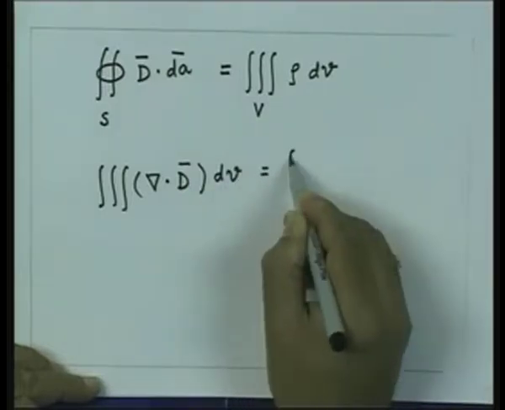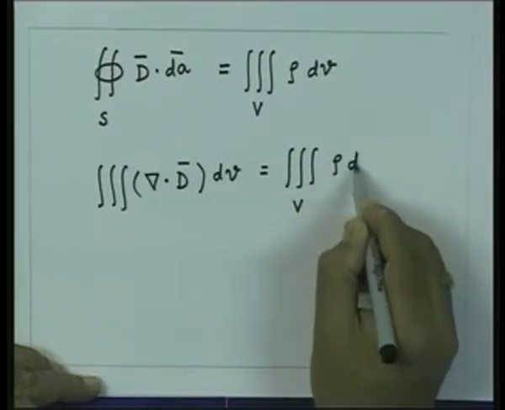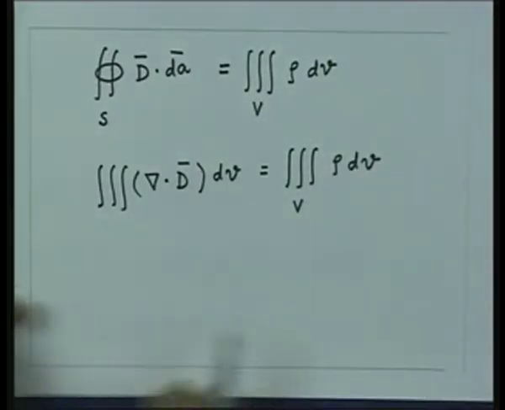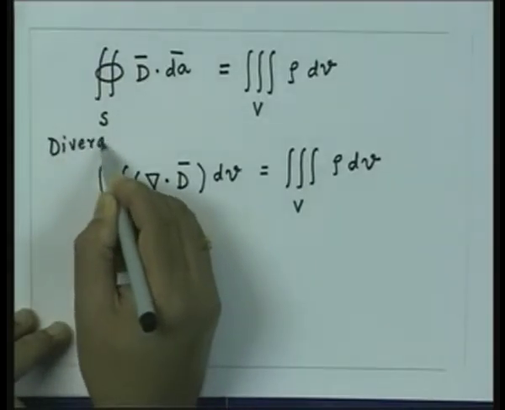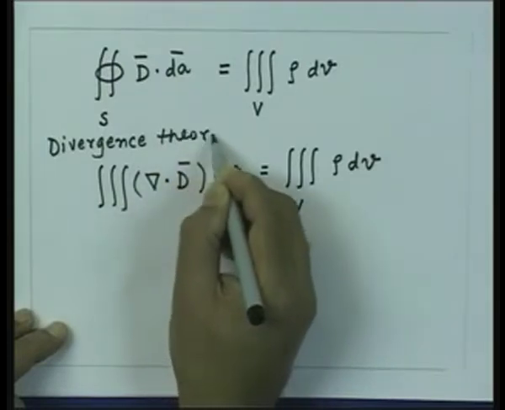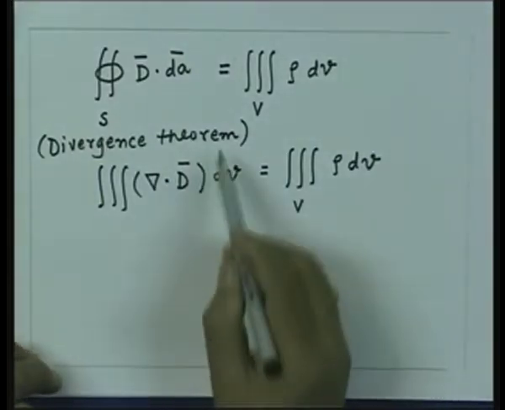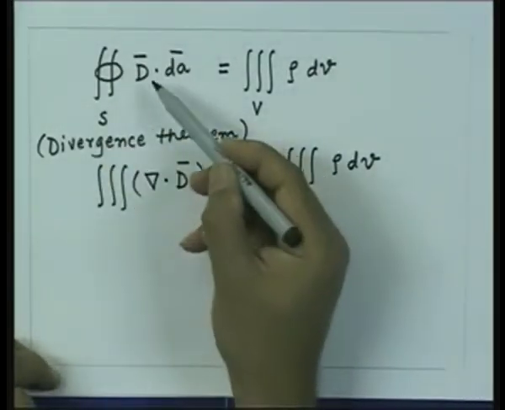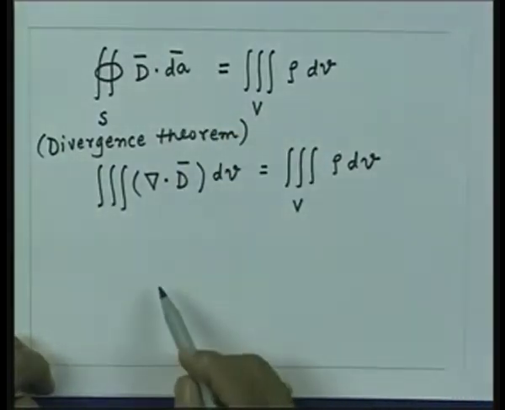That is equal to the volume integral of rho dV. So, this is from the divergence theorem. If I apply the divergence theorem, this integral is now converted from a surface integral to a volume integral.